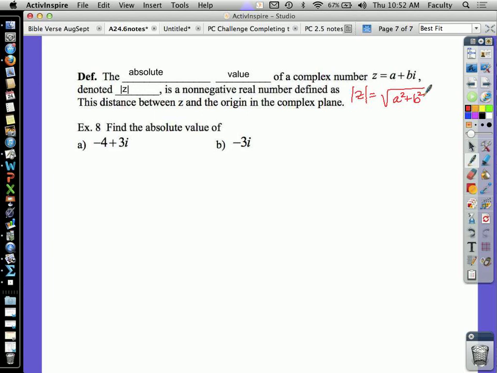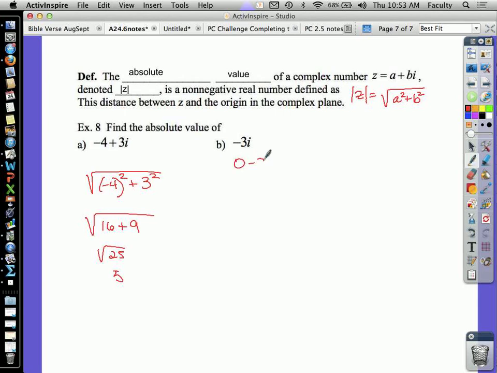I want you to notice I did not put an i in my square root, right? And in my definition, there's no bi, it's just b. So if I want to find the absolute value, this is the square root of -4 squared plus 3 squared. That's 16 plus 9. Square root 25 is 5.